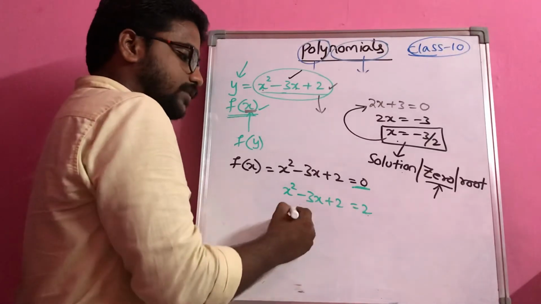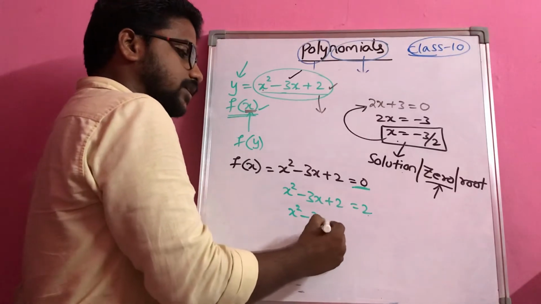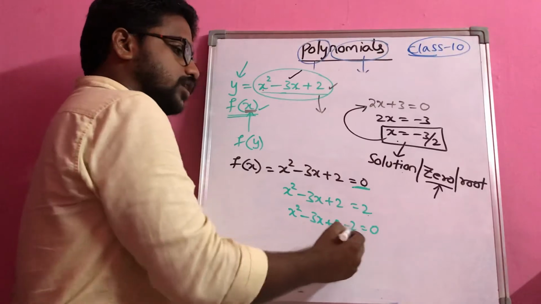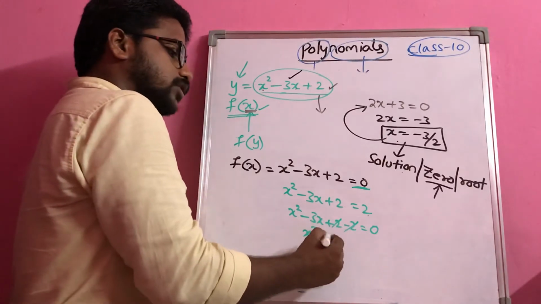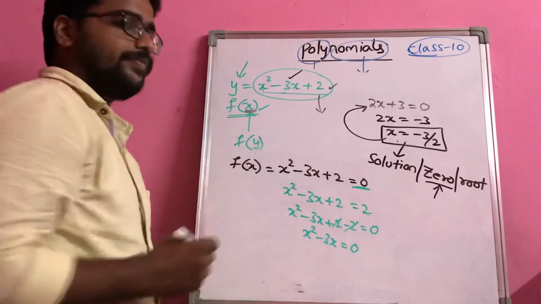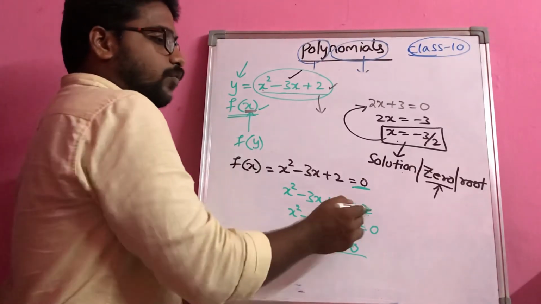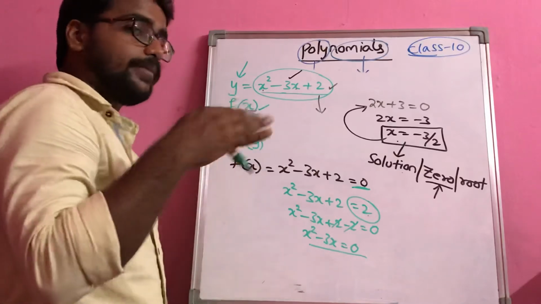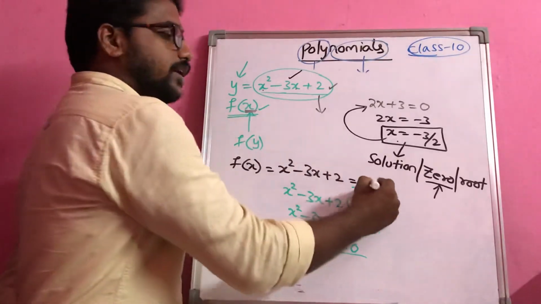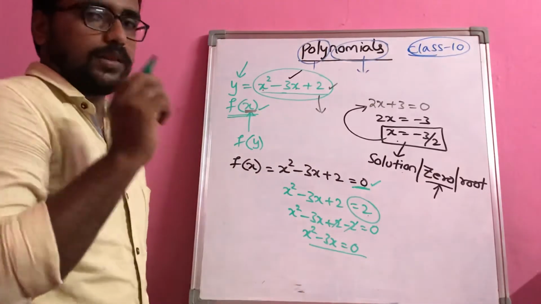Bring this 2 to the left side, x square minus 3x plus 2 minus 2 is equal to 0. So that means my question is getting changed here. As my question changed, that is the reason why I am not equating to some other constant. Instead, we are equating to 0 all the time.